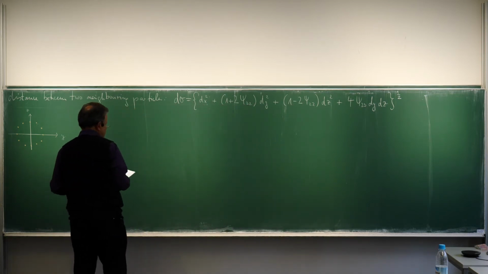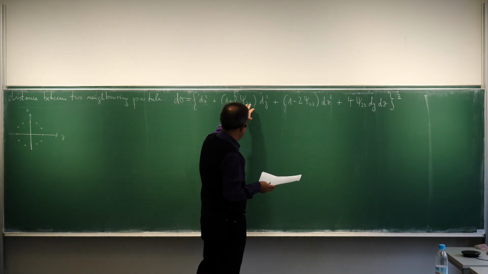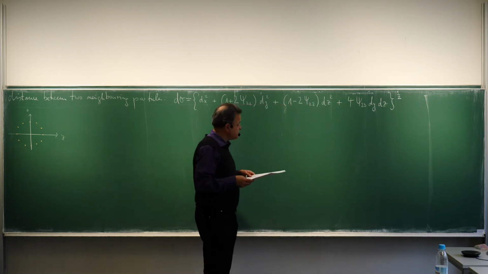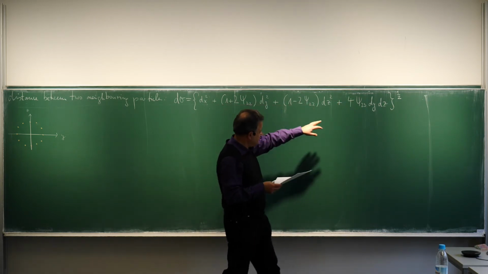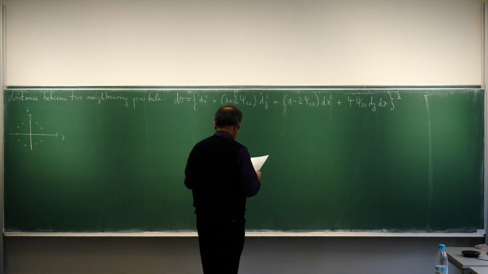Now it's appropriate to distinguish 2 subcases. You see we have psi 2 and psi 3. So let us consider first the case where psi 3 is 0, and let us focus on psi 2.